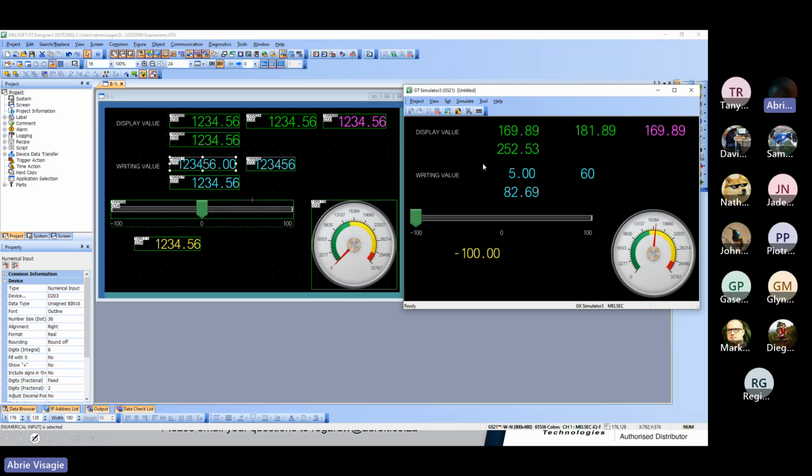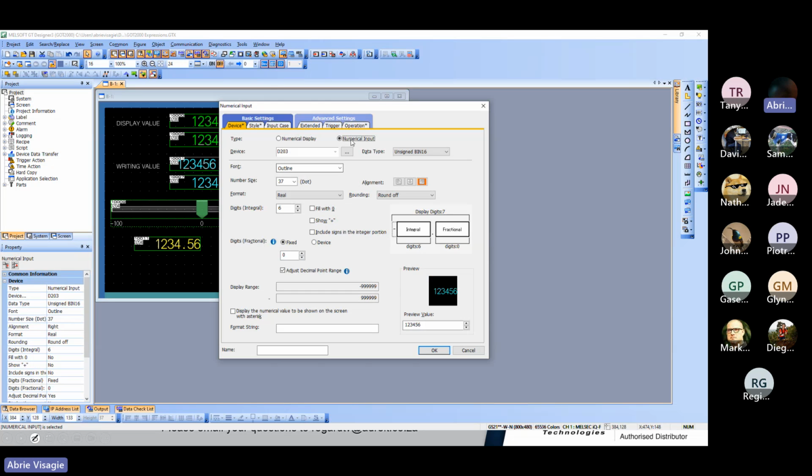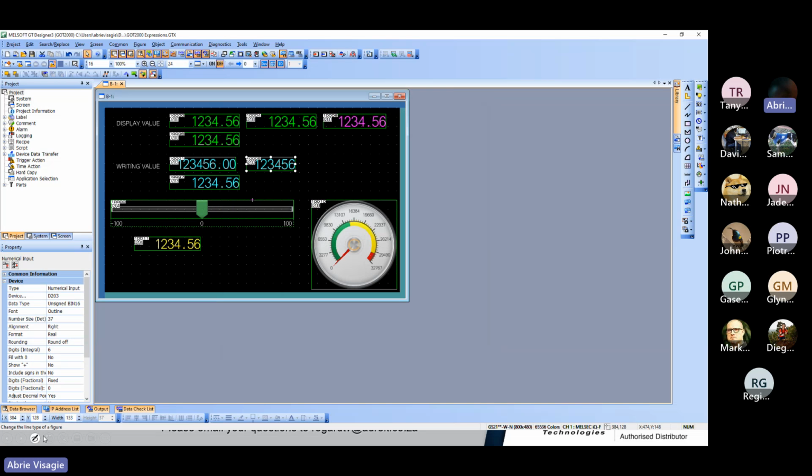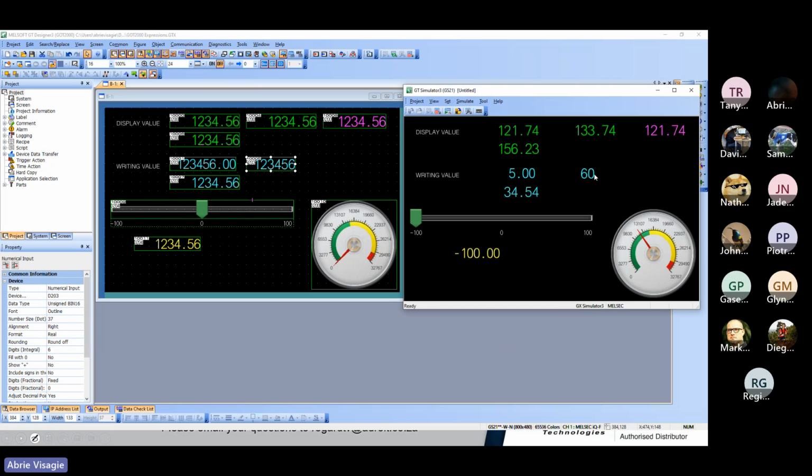So that's what we entered. But we just showed that we are expecting to monitor 55 above the value being written to D203. So thus here we see 60.